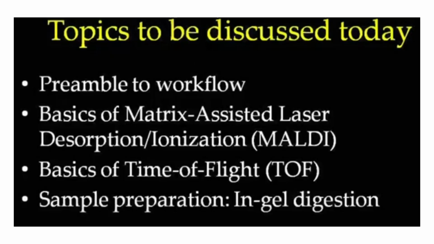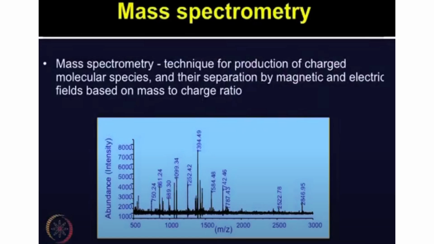To give an introduction, what exactly is mass spec? Mass spec is one of the separation techniques again, but it separates depending upon the mass to charge ratio. It involves production of charged molecular species. Initially the sample is ionized and given a certain charge, and then the separation happens by magnetic and electric fields.